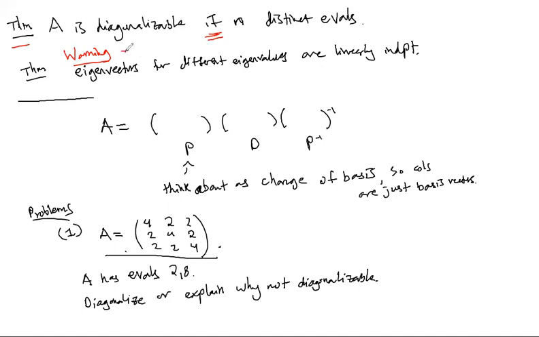So I'll say, yeah, if you don't have n distinct eigenvalues, this does not imply A is not diagonalizable. Because the real definition of diagonalizable is that it's a condition on the eigenvectors.